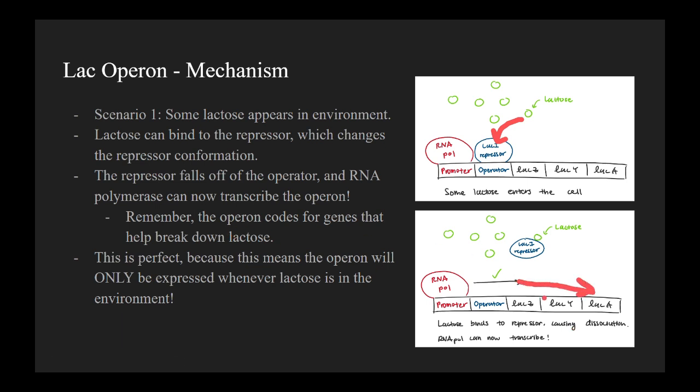And remember, the operon codes for genes that help break down lactose. So this is perfect because this means that the operon can only be expressed whenever lactose is in the environment. So this lactose needs to bind. It's like a sensor. If the lactose is there, it'll bind, and then the RNA polymerase can transcribe here.